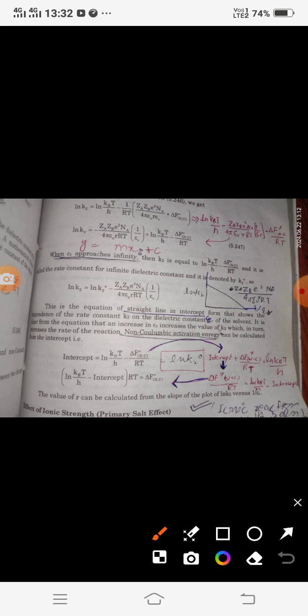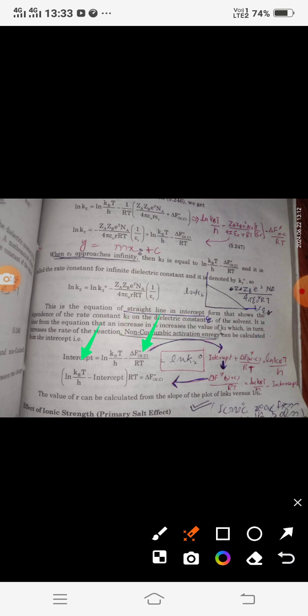This intercept will help us to determine the non-Coulombic activation energy. Intercept will stay here and this negative factor goes towards the left side and becomes positive, and the remaining factor stays at the left side in the same form, as you can see in the equation.